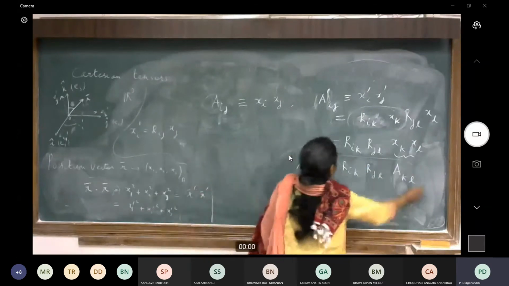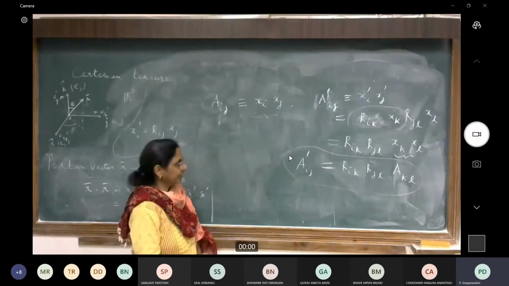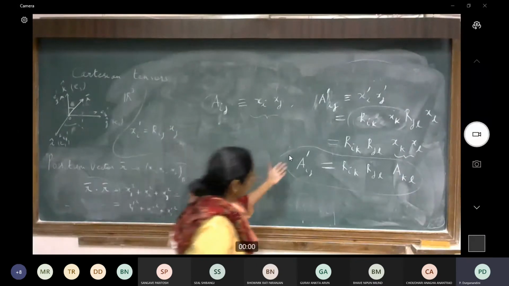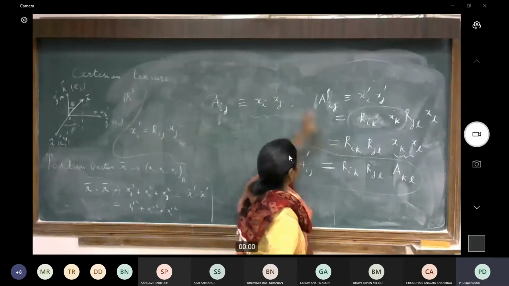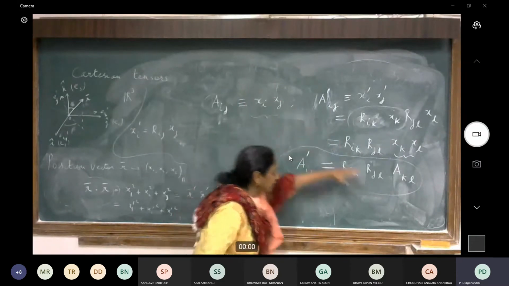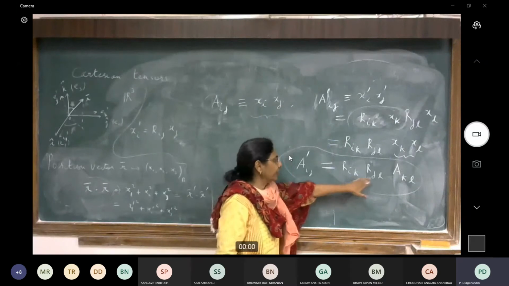So what we find is that if I look at this quantity xi xj, these 9 elements, they transform neither like a scalar nor like a vector, but they again have definite transformation properties. The values depend upon which basis you're using, but they transform differently and have definite transformation properties, which depend upon your rotation.